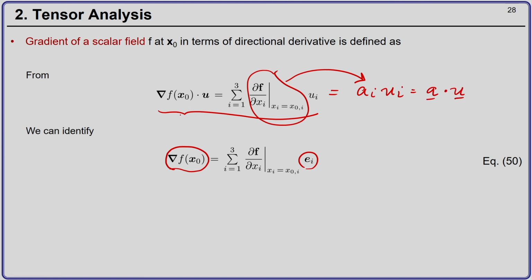Comparing the left hand side with the right hand side, I can identify that the gradient of f at x 0 is nothing but this vector A.